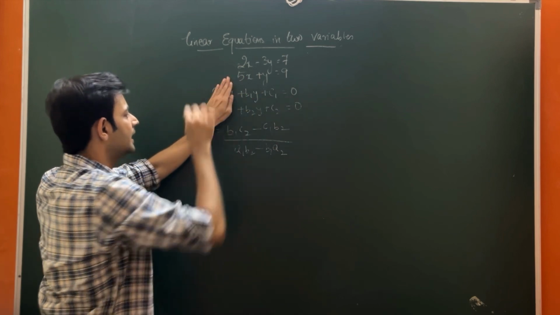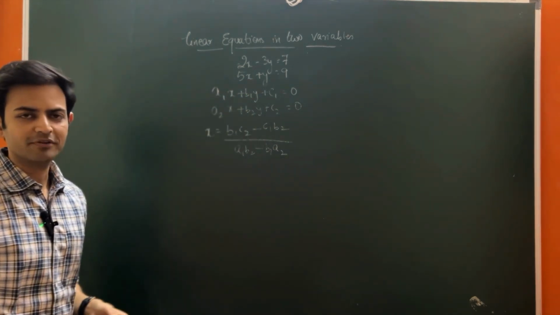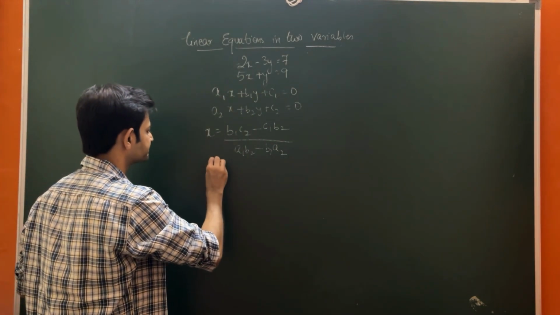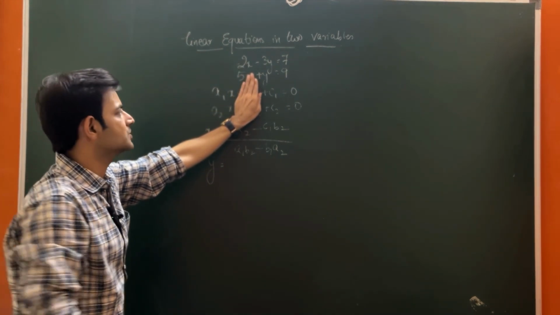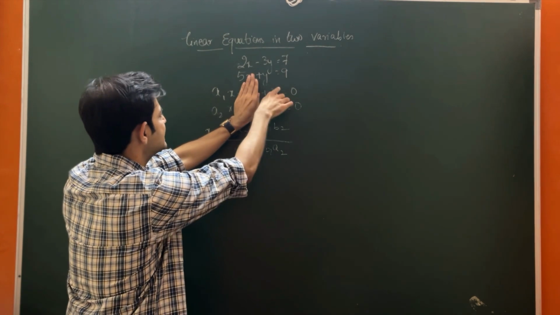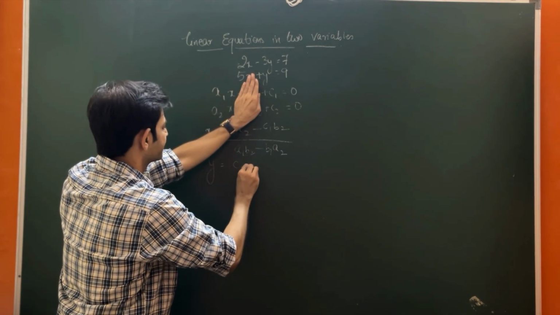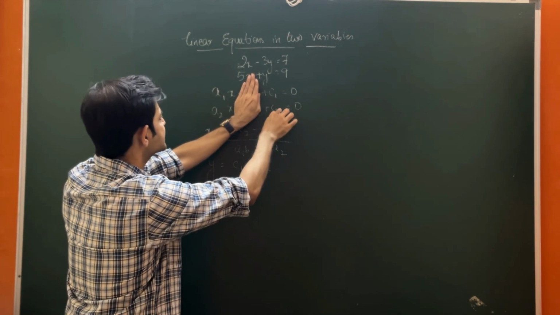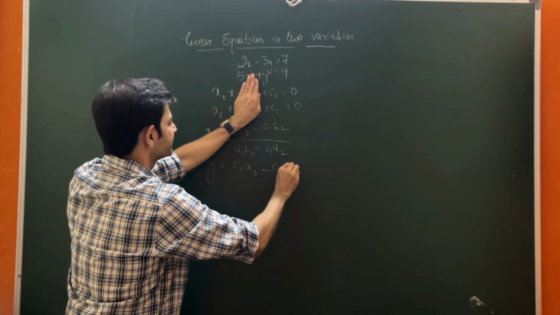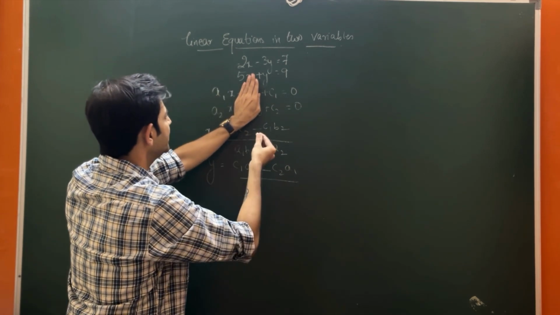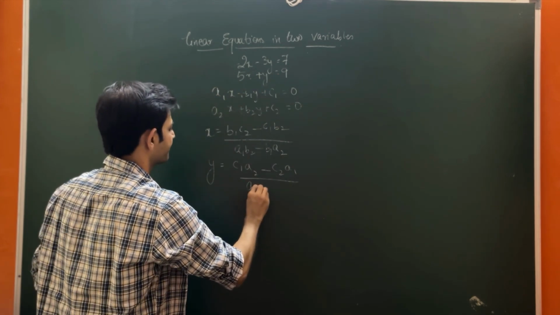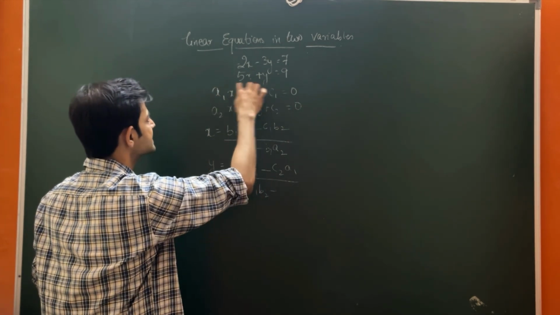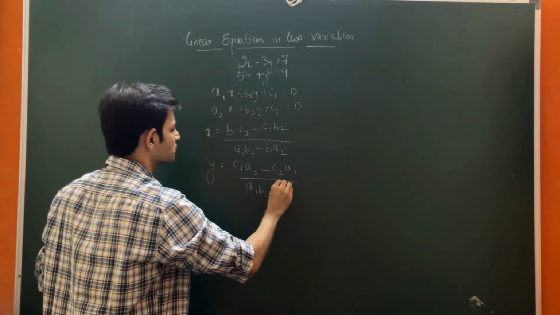Now for going to the value of y, we will hide y here. So we again start from this side, that is c1 a2 minus c2 a1 upon, again for denominator same thing, a1 b2 minus b1 a2.